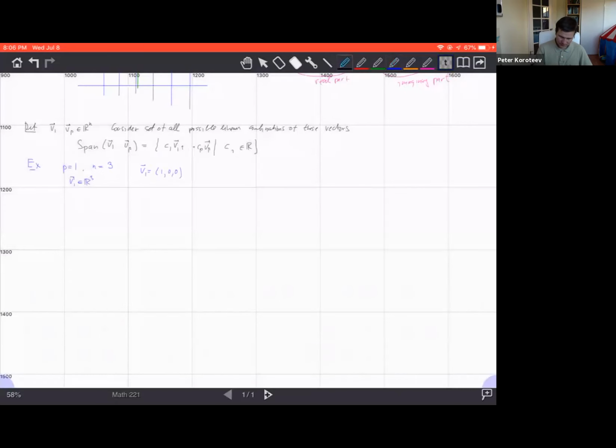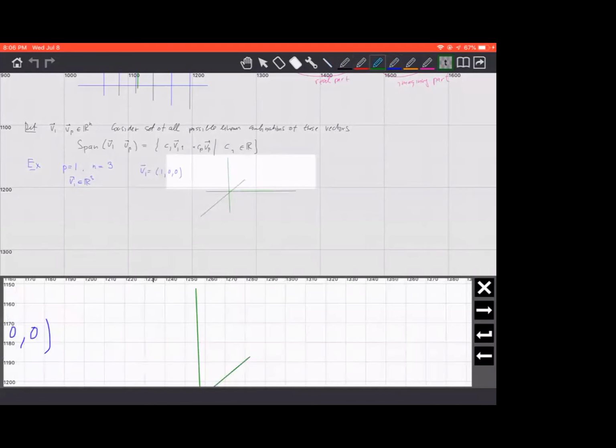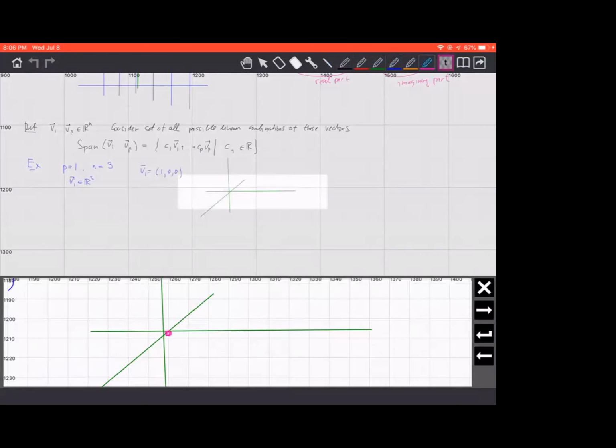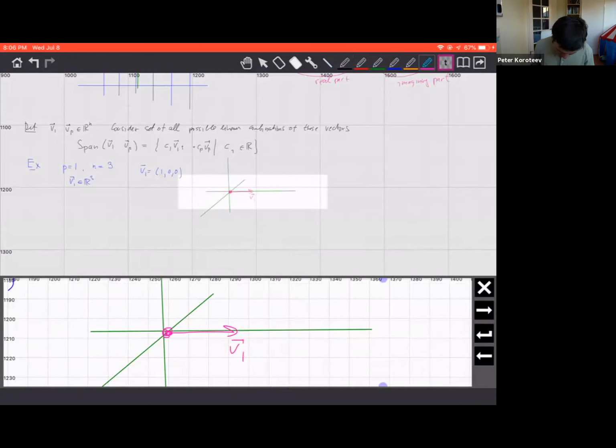If you draw it in 3 dimensions, we have a coordinate system like that, and this is our vector v1.